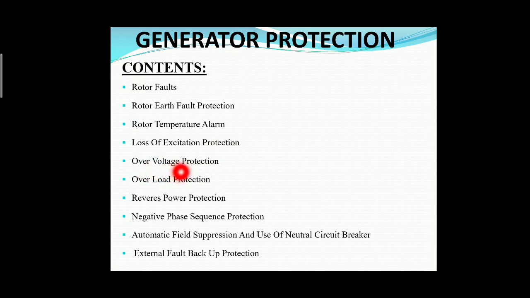Next is the overvoltage protection, then the overload protection and reverse power protection. Next is the negative phase sequence protection. Next, automatic field suppression and use of neutral circuit breaker. The last one is the external fault backup protection. These will be discussed in the present video lecture.